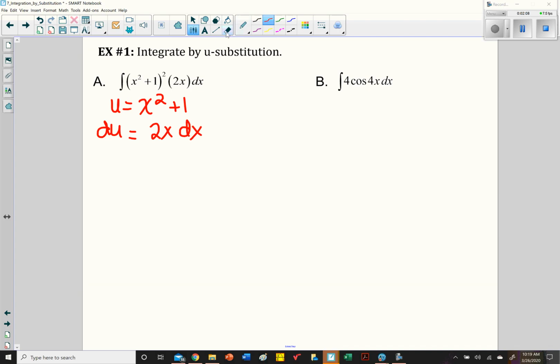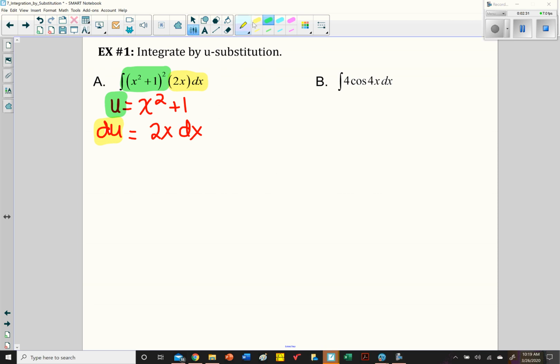Now it's just a matter of matching up the parts. Get a highlighter here. The parts in the original problem. You see the 2x dx can be replaced by du, and then the x squared plus 1 can be replaced by u.